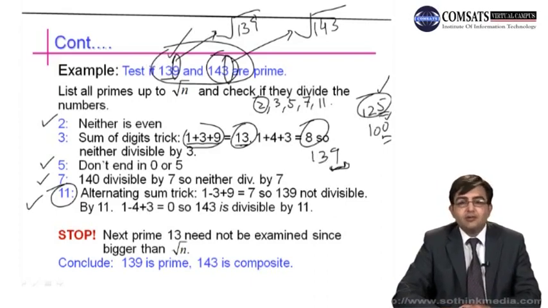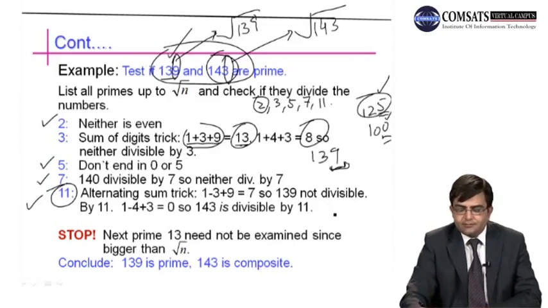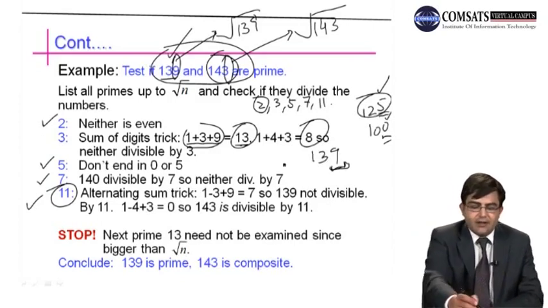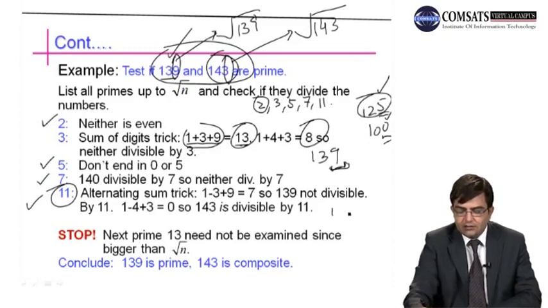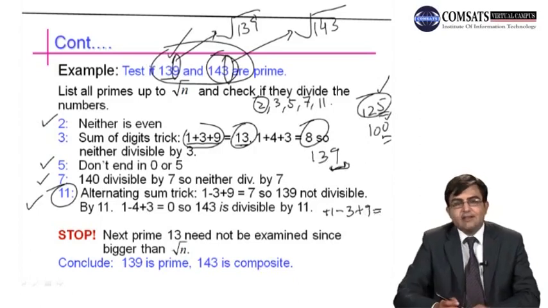Another result of number theory we will use here to check whether the given numbers are divisible by 11 or not. How to check? If we write the given number as 139 and we place alternating signs between these digits, for example, first we start with plus, then minus, then plus, and so on, and we simplify this expression.